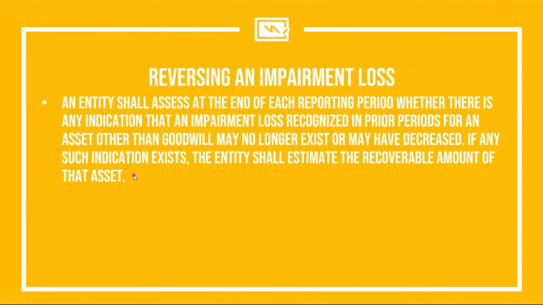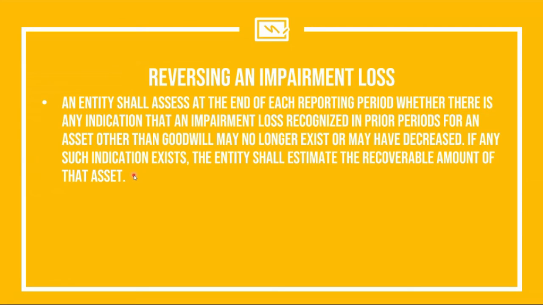Okay, so we are down to, I think, the second to the last topic. What if there is already a reversal of impairment? The concept of reversal of impairment is basically you recognize an impairment loss and then in the succeeding periods, there was an increase in recoverable amount.